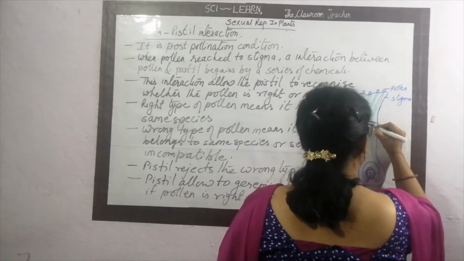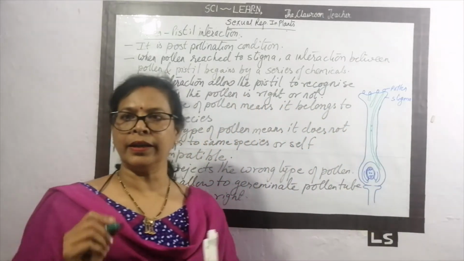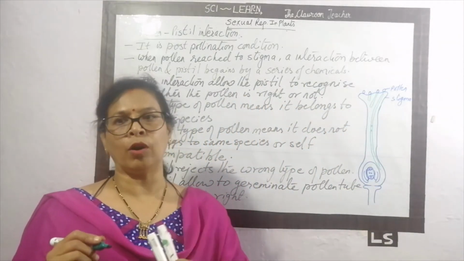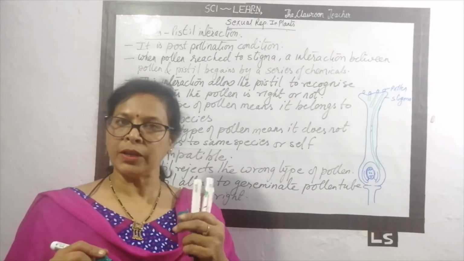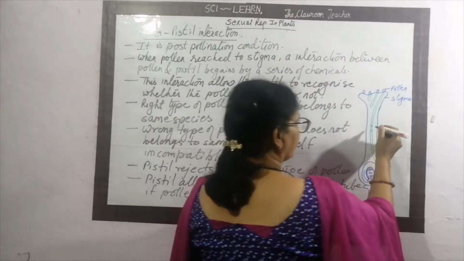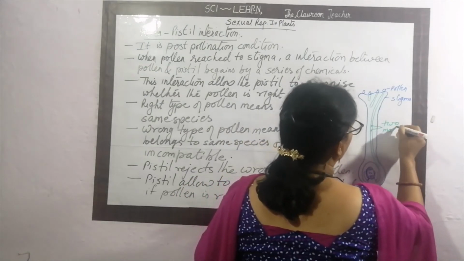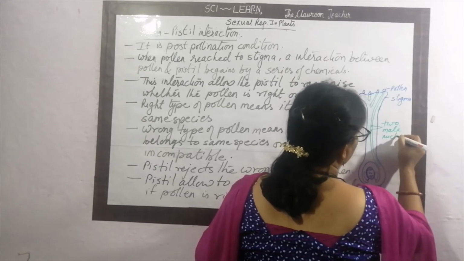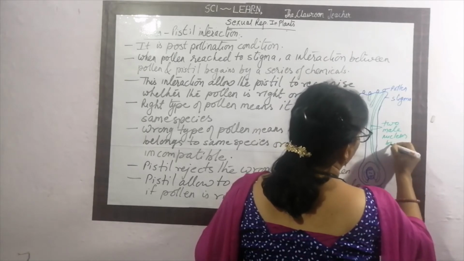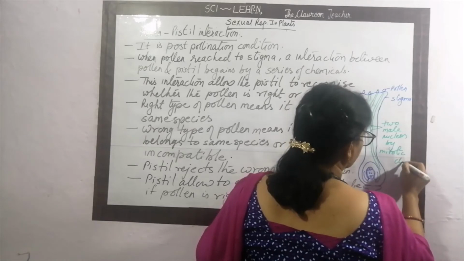The male gamete here divides to form two male gametes. Two male gametes are formed because of mitotic division. A single male nucleus divided to form two male nuclei by mitotic division.